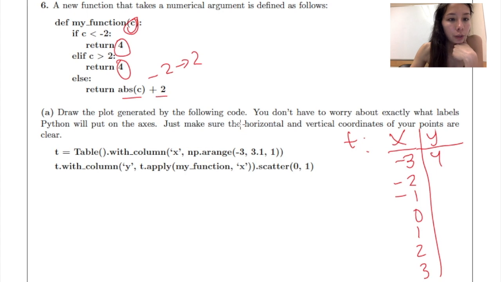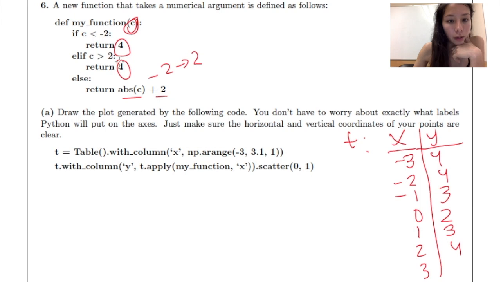Now we go to -2. -2 is going to be in the else statement, so we want to return abs of -2, which is 2, plus 2, so that's 4 as well. -1, again, is the else statement, so we're going to return abs of -1, which is 1, plus 2, which is 3. 0 is just going to be 2. 1 is going to be 3. 2 is going to be in the else statement as well, so that's 4.